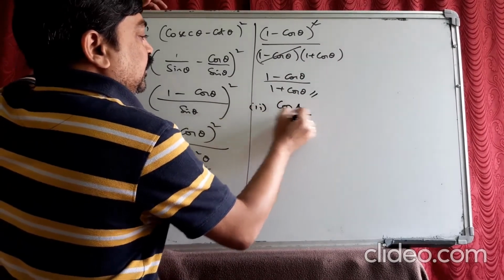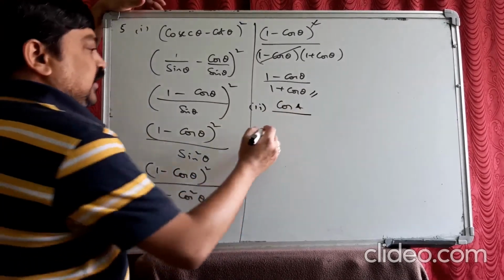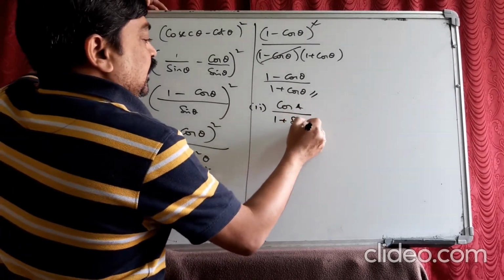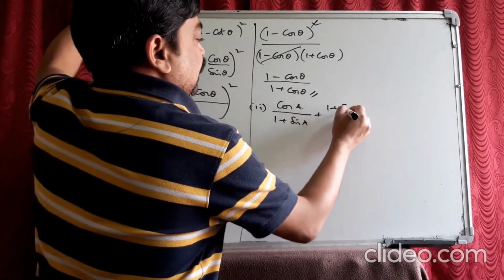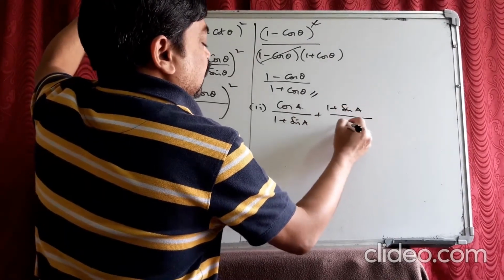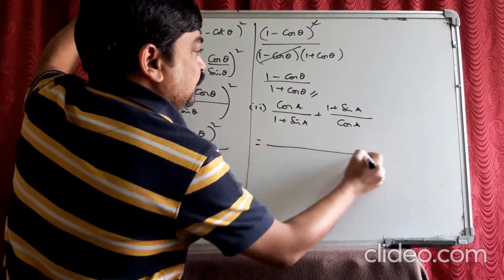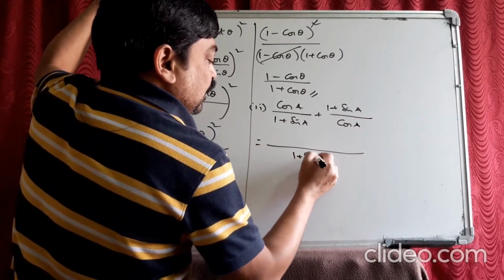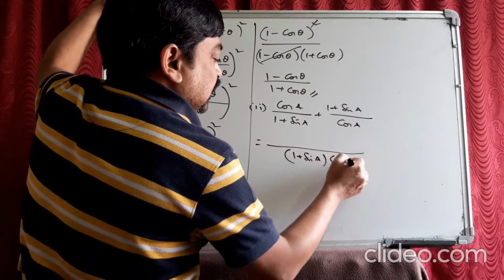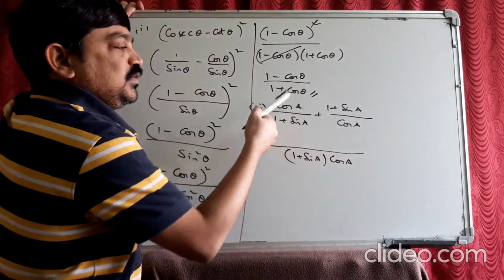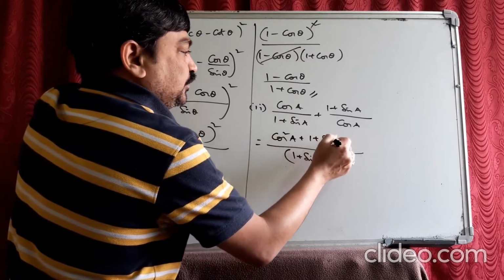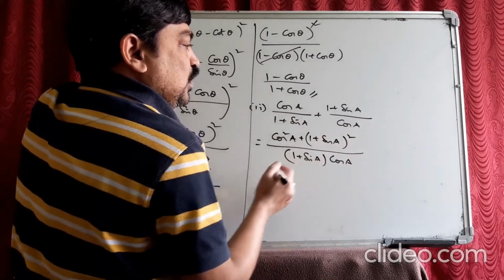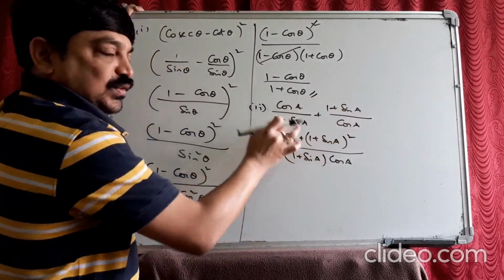cos A by 1 plus sin A plus 1 plus sin A by cos A. Now if I take LCM for these two, (1 plus sin A) into cos A, this will come here and this will multiply here, becoming cos square A plus (1 plus sin A) whole square when you multiply these two.